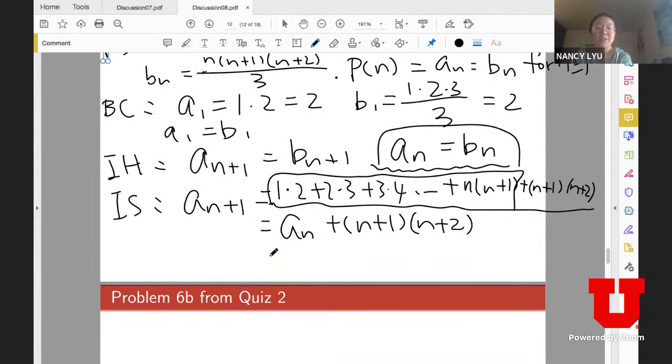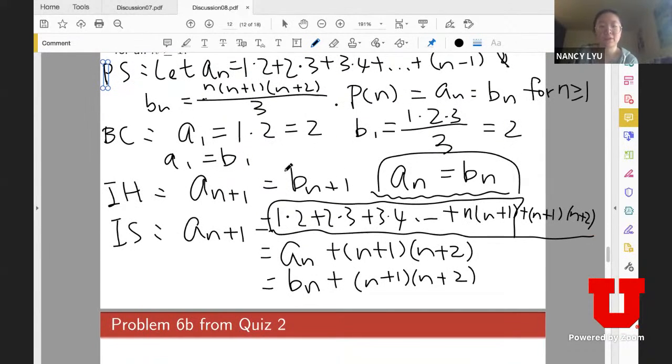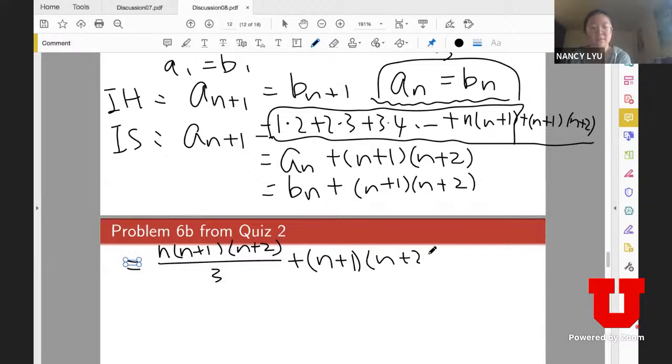And by using the inductive hypothesis, we know that A_n is equal to B_n. That's what we assumed, so we can just substitute B_n here. The formula for B_n is n times n plus 1 times n plus 2 divided by 3. Substituting that, we get n times n plus 1 times n plus 2 over 3, plus n plus 1 times n plus 2.